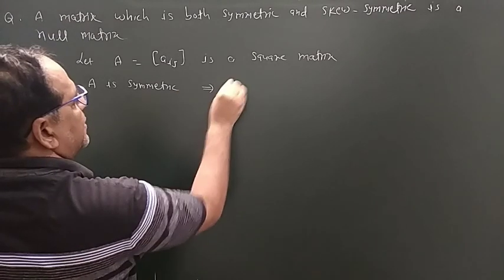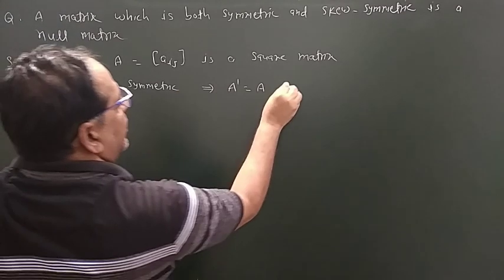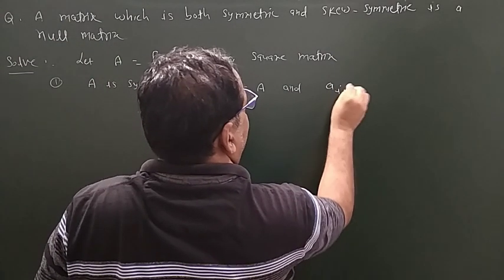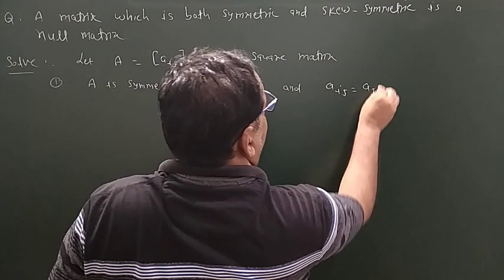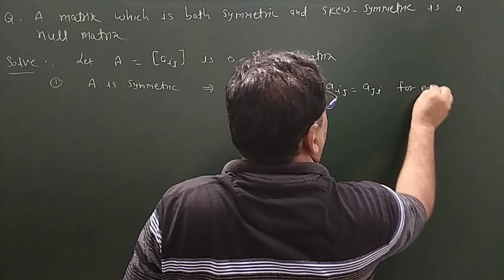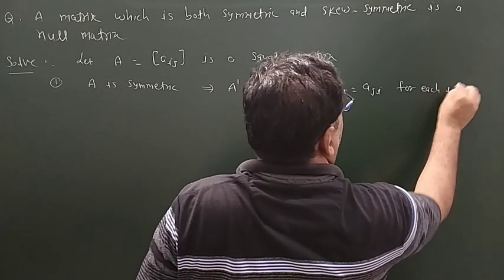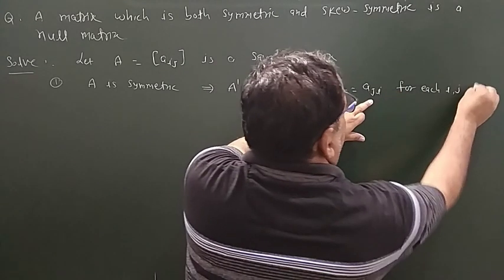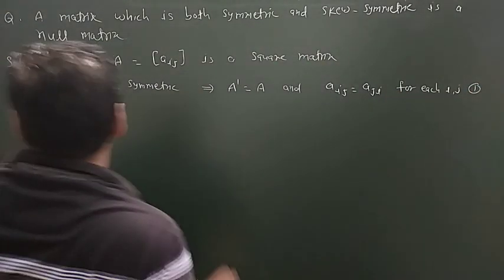This implies that A dash equal to A and Aij equal to Aji for each i and j. Aij equal to Aji. This is equation number first.